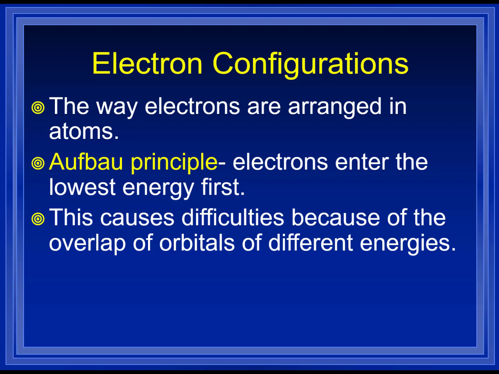So that overlap on the diagram causes some grief. It's not all the ones, all the twos, and then all the threes. We've got to go in the order that the diagram goes. Second rule. We've already talked about the second rule too.